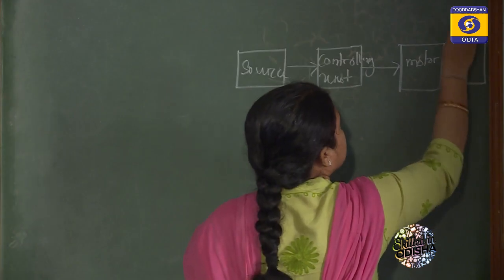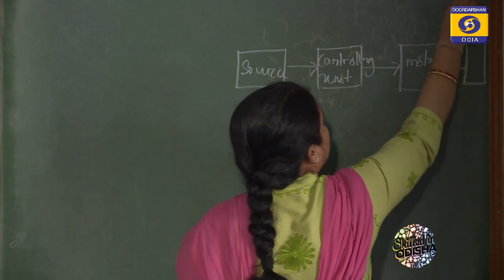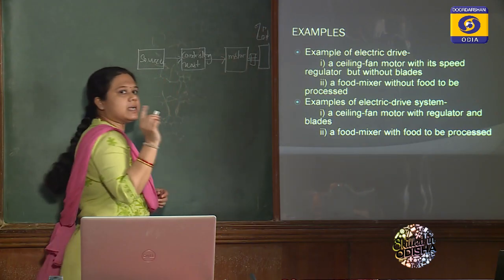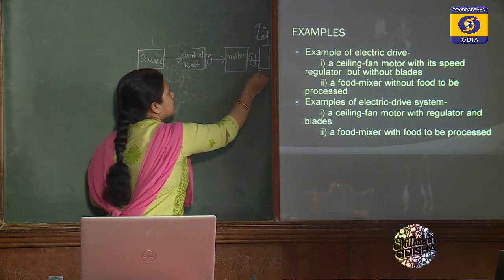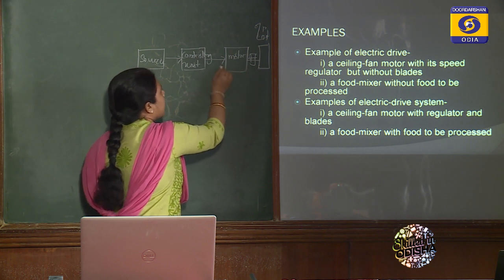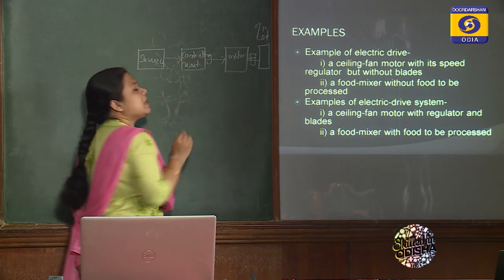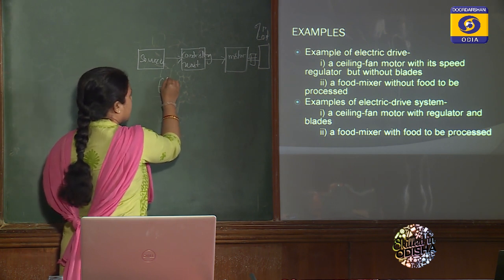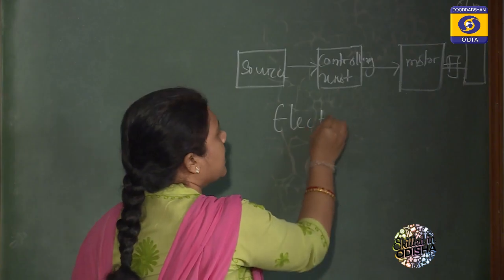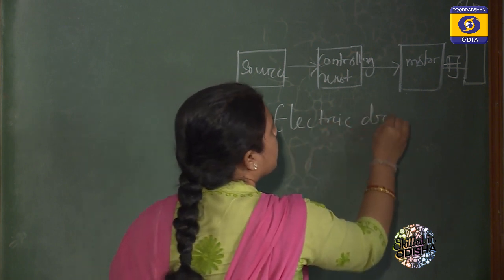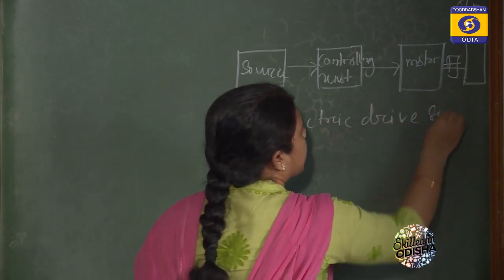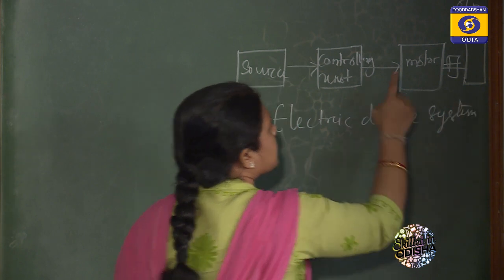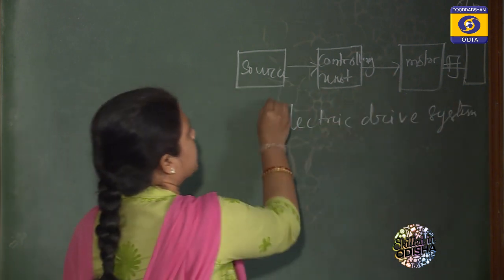That is, this one is our load, means this one is your output. So to get our desired output at this load side, we have to connect this controlling unit here, which combinedly gives us one electric drive system. So it is a combination of all these parts.